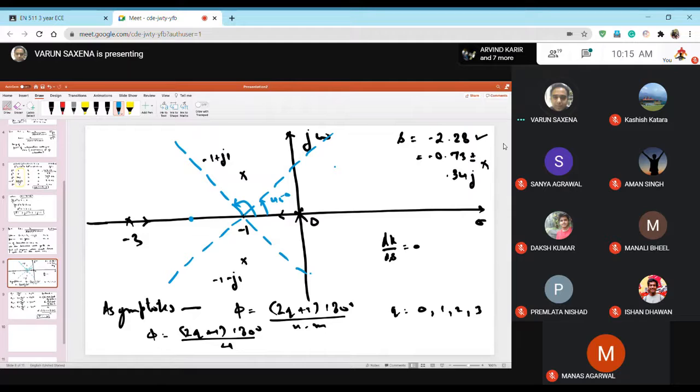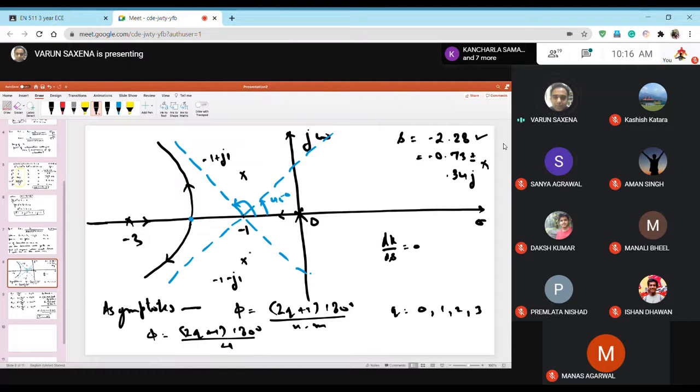Now what happens is that this root locus comes to this point and then it breaks away. We know that there are two branches that are going to go like this. One goes like this and the other goes like this. They cannot go the other way because then they'll be intersecting.